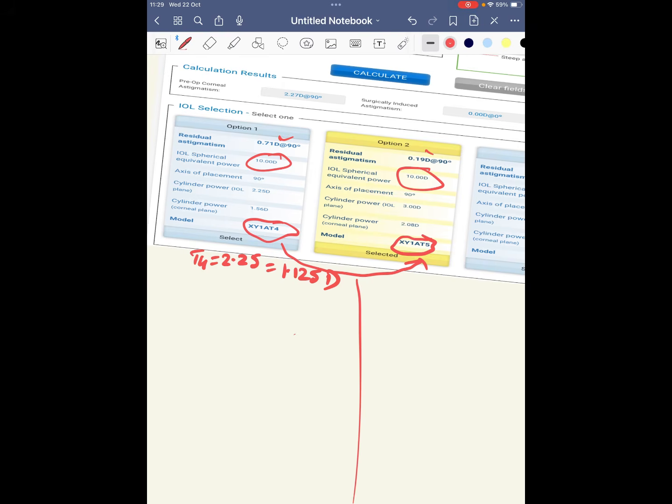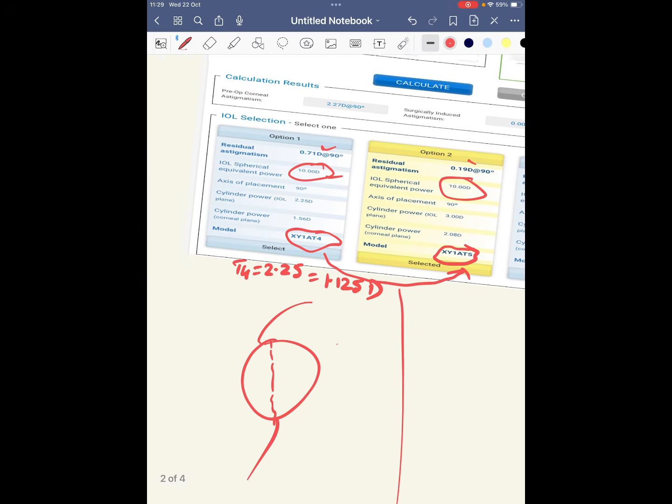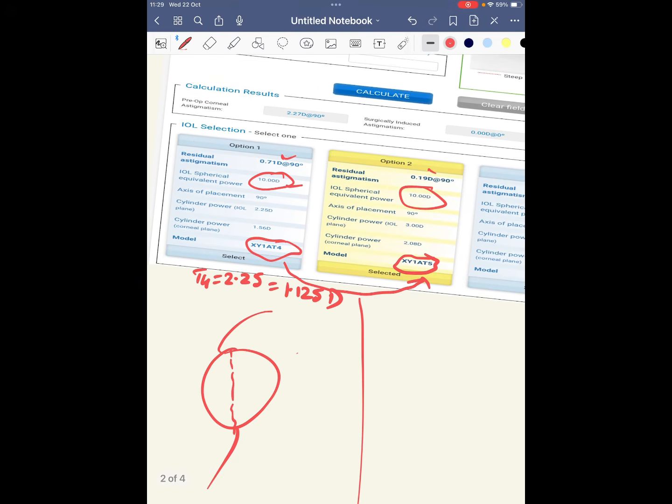So, the sphere power, that is the power in the flat meridian of the lens, will be 10 diopters, which is the spherical equivalency, minus 1.125, which is 8.87, right?